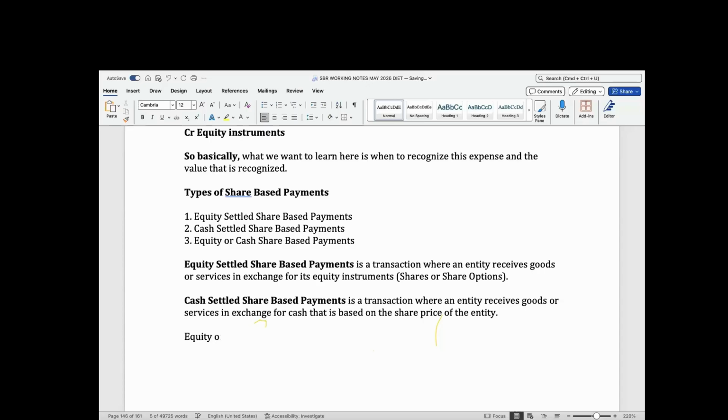Then the last one that we would learn is equity or cash settled share-based payments.